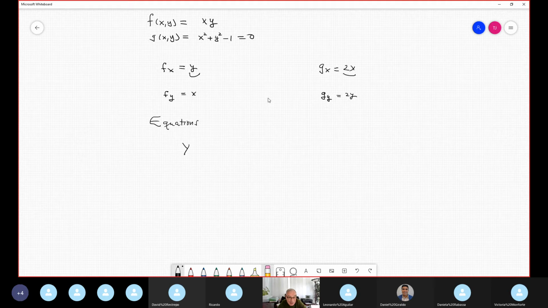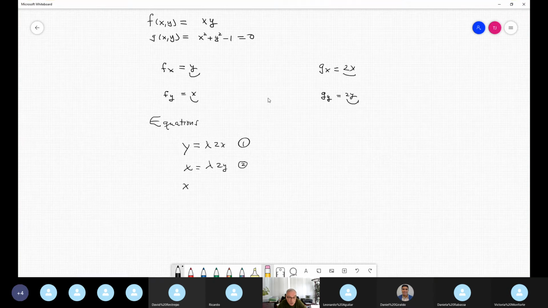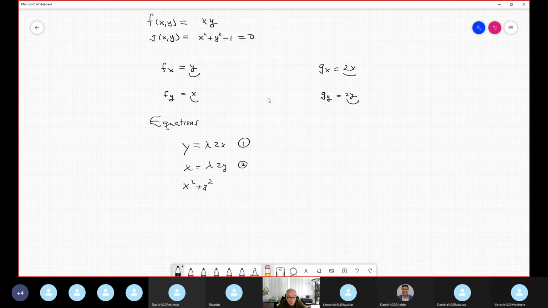The lambda is the Lagrange multiplier. This is my first equation. My second equation is x equal to lambda times 2y. And my third equation that we need is x squared plus y squared minus 1 equal to 0, or equal to 1, whatever you want.